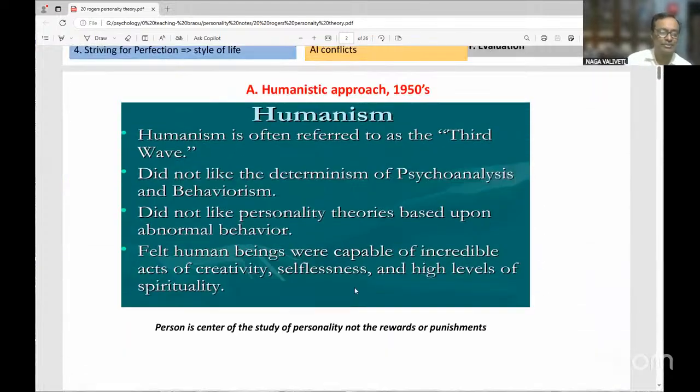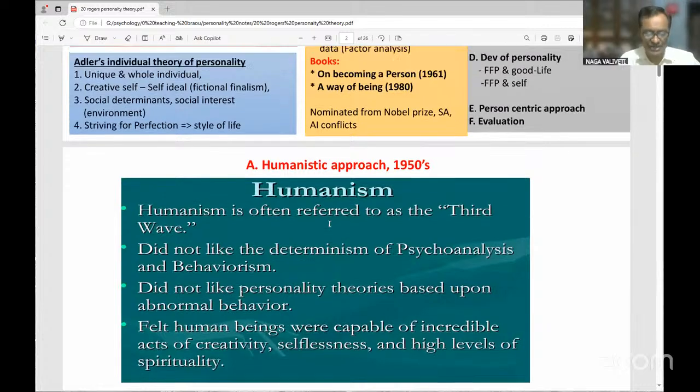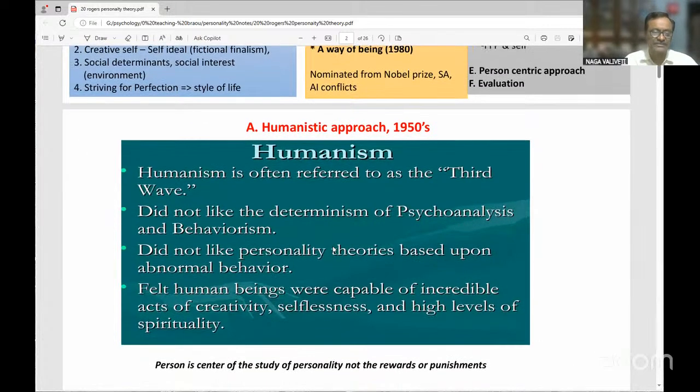The humanistic approach holds that human beings are... he rejected psychoanalysis and behavioral analysis, with its reinforcements and punishments, and psychoanalysis with its inner psychic conflicts. He felt that the human being is intelligent, rational, self-regulating, choice-making, with free will. And every person always requires dignity and recognition, irrespective of caste, creed, or religion.